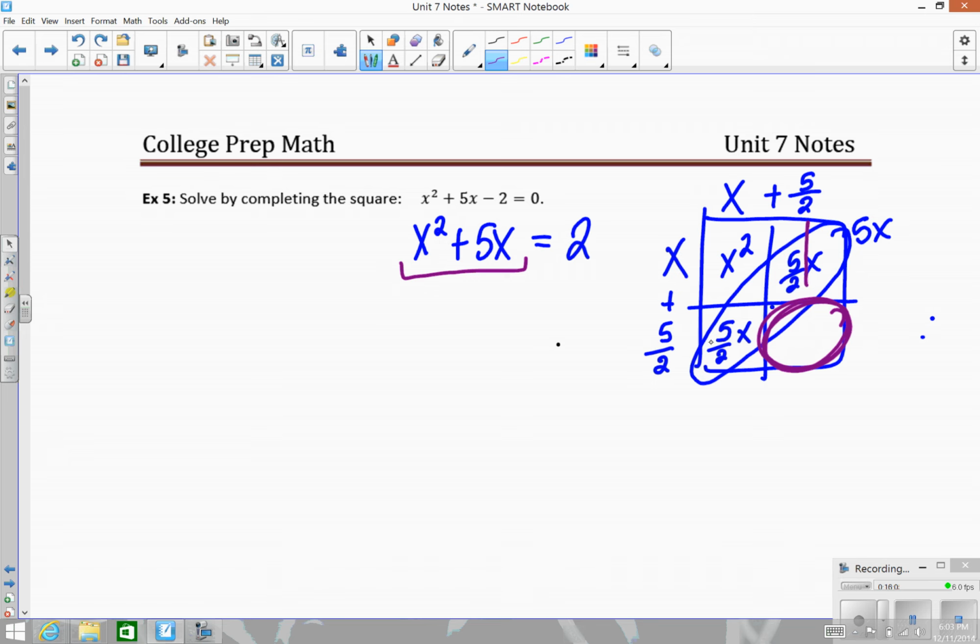So if you multiply 5 halves times 5 halves, you multiply 5 times 5, which gives you 25, and then 2 times 2, you get 4. So we would have 25 over 4 being added to both sides.